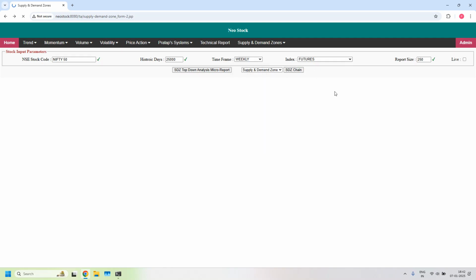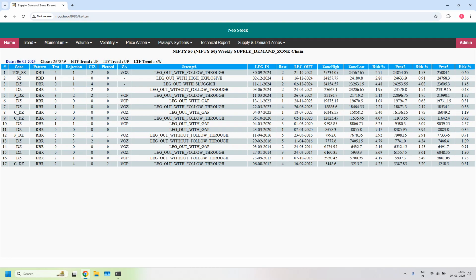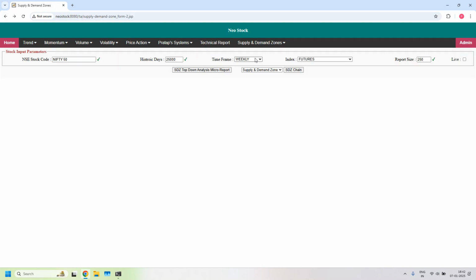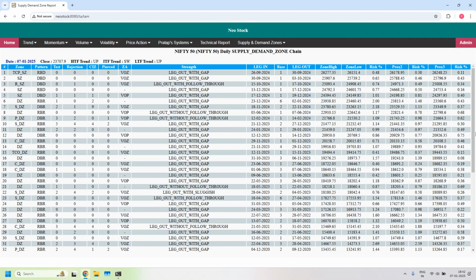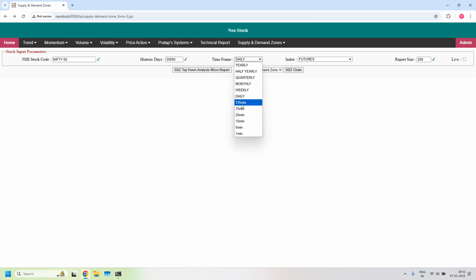Okay, next, weekly supply demand zone chain for NIFTY. Next, daily supply demand zone chain for NIFTY. Next, 125 minutes supply demand zone chain for Nifty.